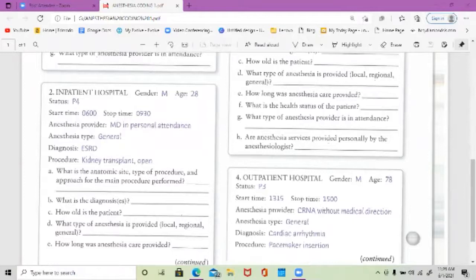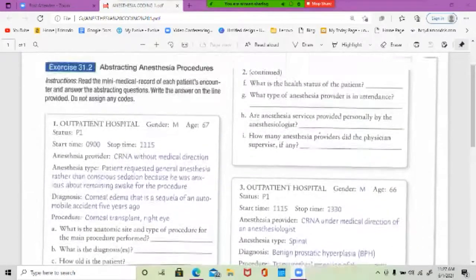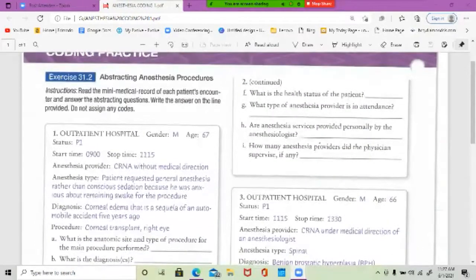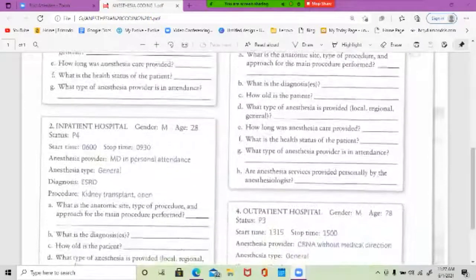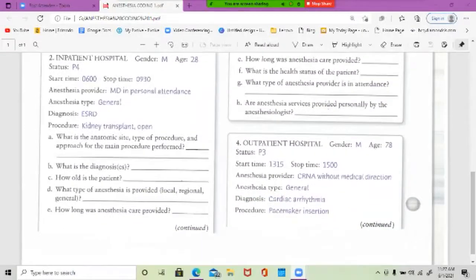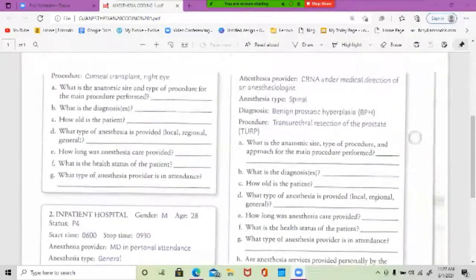End-stage renal disease is a constant threat to life. So that's good. All right. Lariana, G, what type of anesthesia provider is in attendance? MD, in personal attendance. Yes, ma'am.